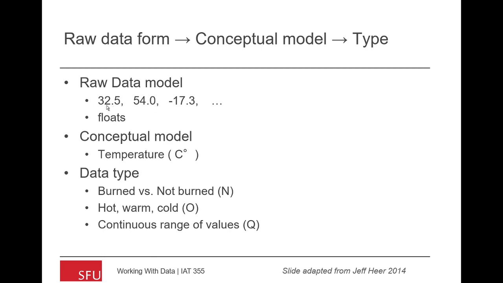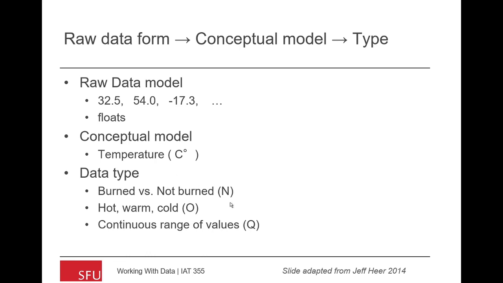Let's say you've got raw data that has a bunch of floating point values, and you know somehow or other that those are temperatures in degrees Celsius. You can then transform those temperatures into one of, I'm showing here, just three possible types.